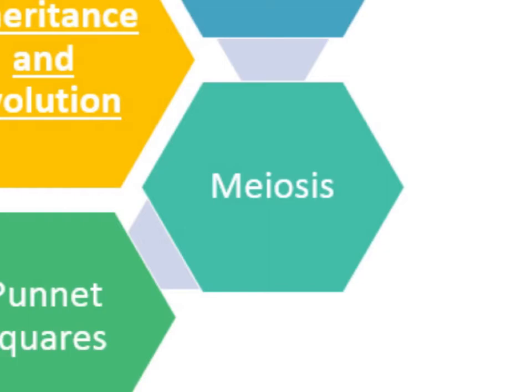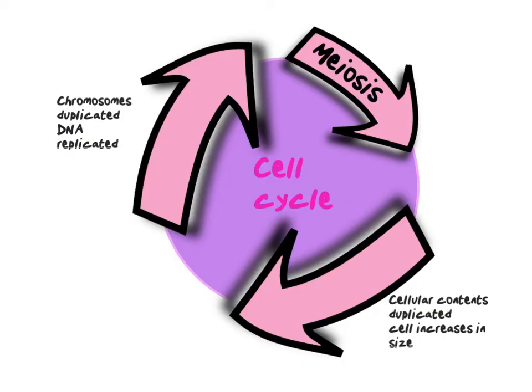Moving on now to meiosis. Meiosis is a form of cell division. Similarly to mitosis, it will form part of the cell cycle. The whole process or cell cycle is the increasing in size of a cell before it goes into cell division.